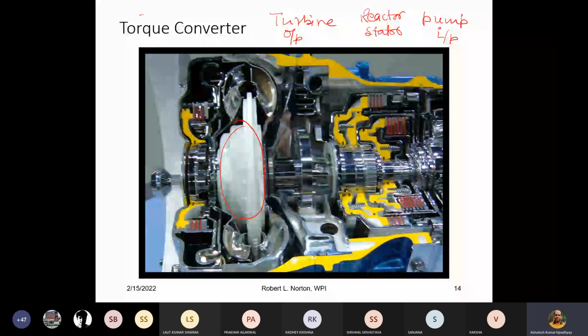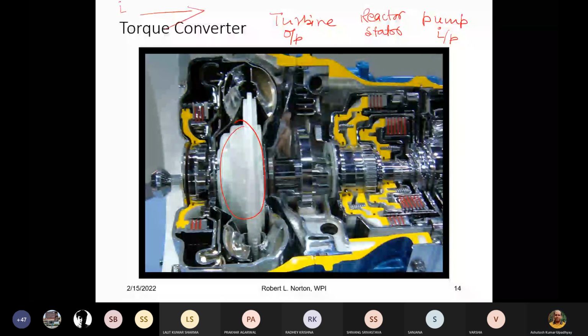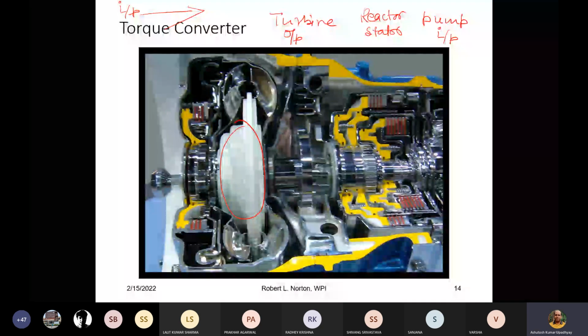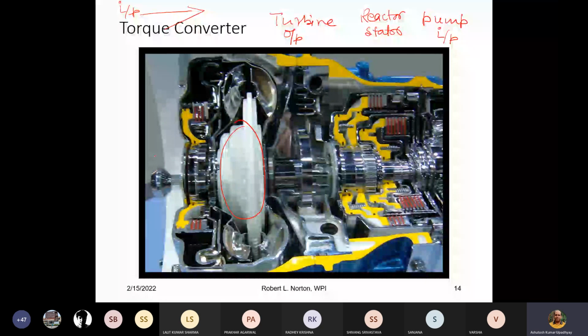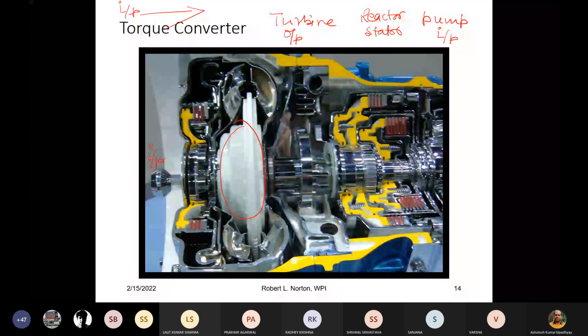The input shaft is coming from the left side and it is connecting the pump. Please remember that this input shaft connects the pump, which will be over here, and the turbine will be connected to the output shaft.